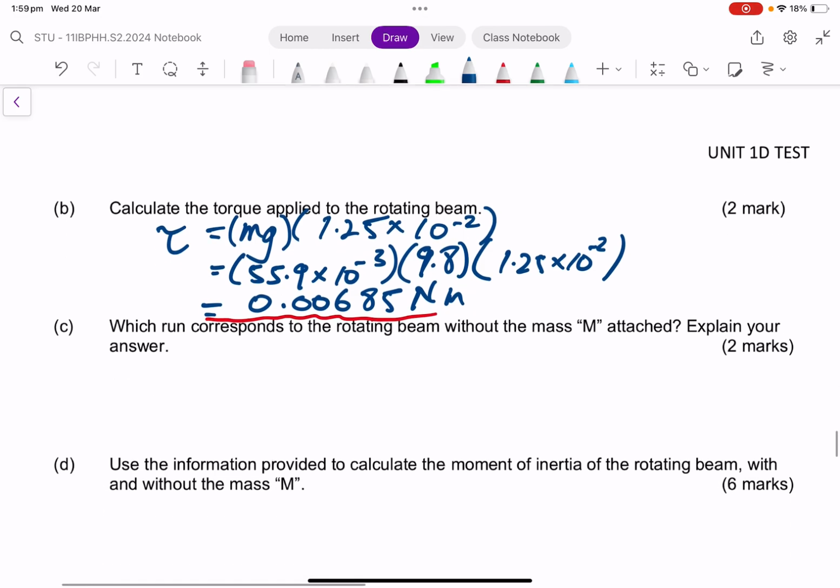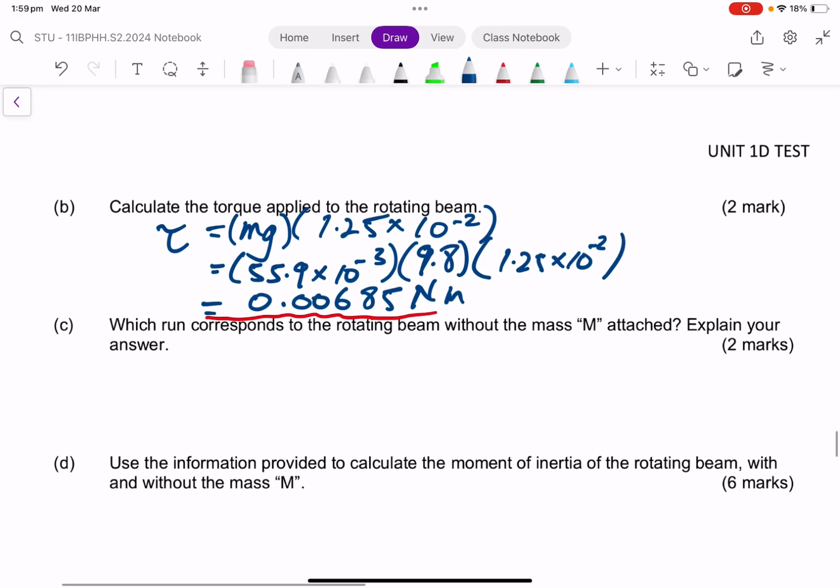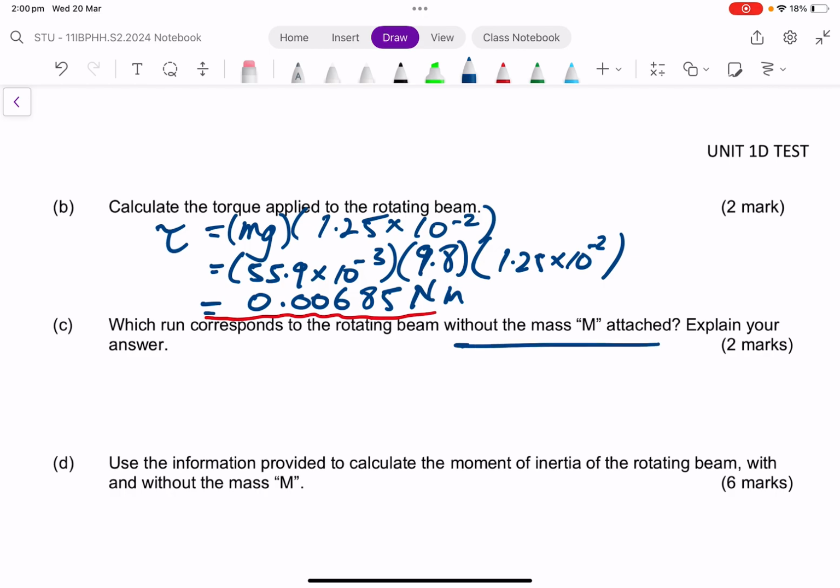Okay, which run corresponds to the rotating beam? Well, you've got to think about the rotating beam without the mass attached.